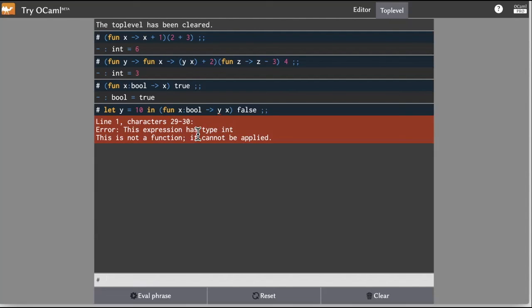This expression has type int, which we know because y is defined in the environment, and it's an integer because y = 10 is an integer. And it says that y has to be a function. It cannot be applied. So it is not of an arrow type, which was exactly what we saw when we derived it by hand.